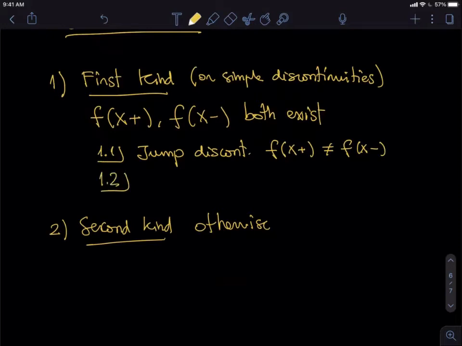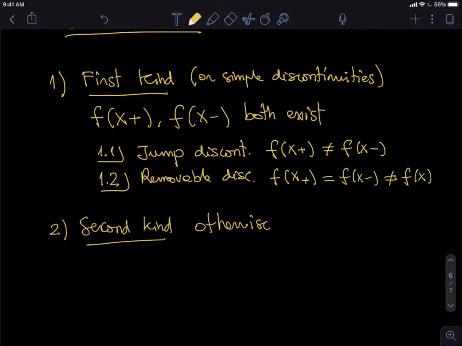That's the jump discontinuity, and we also have removable discontinuities, which are when both lateral limits are equal, but they are different from the value of the function at the point. And then on top of this, we have infinite discontinuities.